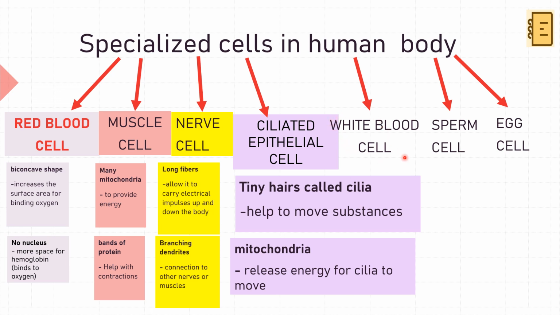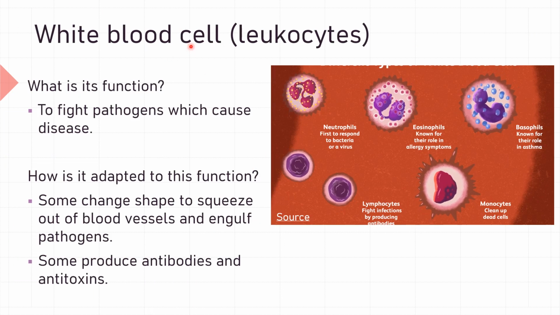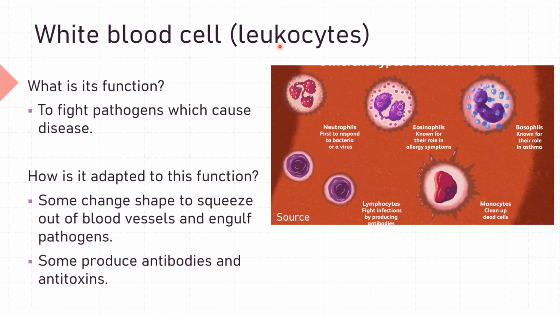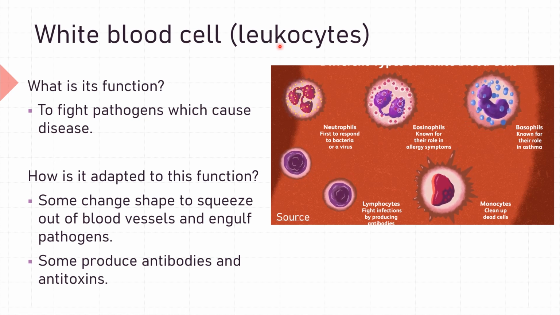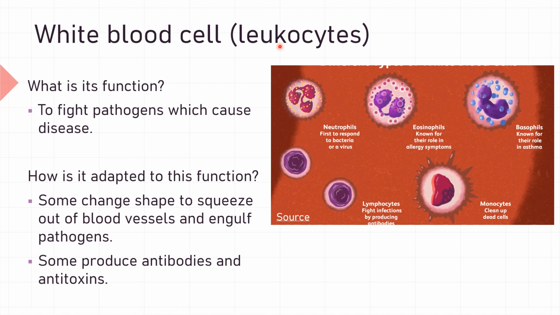Then the next one, we have the white blood cell. White blood cells, also called leukocytes, have the function in the organism of fighting against different kinds of organisms that cause diseases.